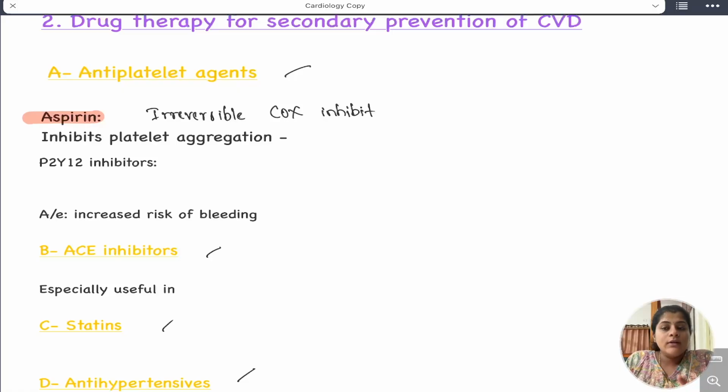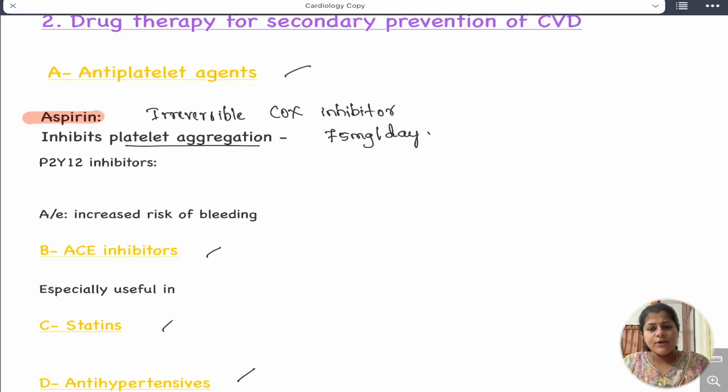Everything in detail we'll learn when we are studying management of NSTEMI and STEMI. So for now, just remember aspirin is an irreversible COX inhibitor and it inhibits platelet aggregation. The daily dose is 75 mg per day.